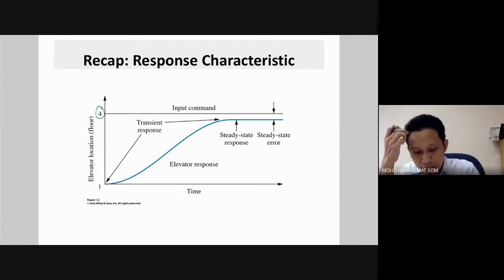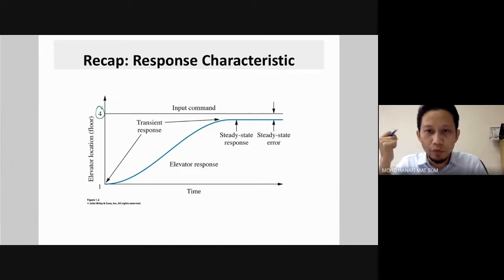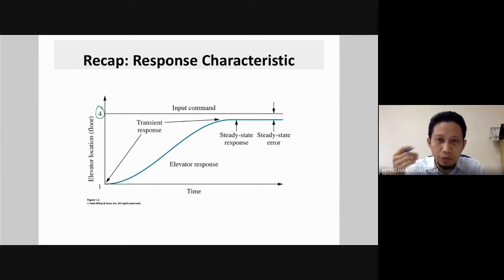This is the input that we have given to the elevator. The elevator has a transfer function, let's say G. When we give a step input of 4, you can see the error by calculating where the elevator stopped as t approaches infinity.